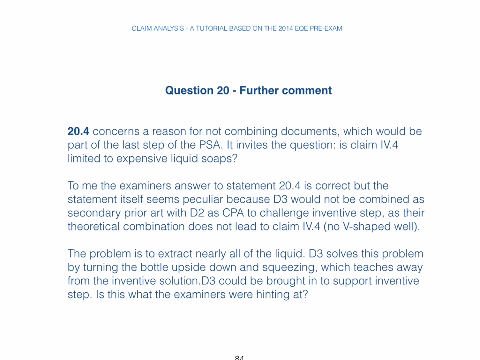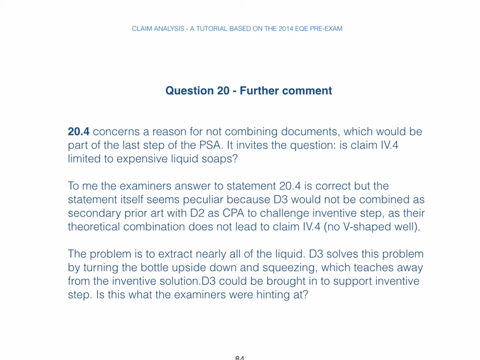To me, the examiner's answer to statement 20.4 is correct, but the statement itself seems peculiar because D3 would not be combined as secondary prior art with D2 as closest prior art to challenge inventive step, as their theoretical combination does not lead to claim 4.4. There is no V-shaped well in the combination.